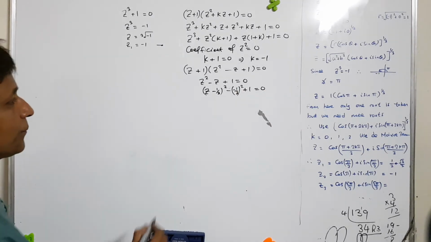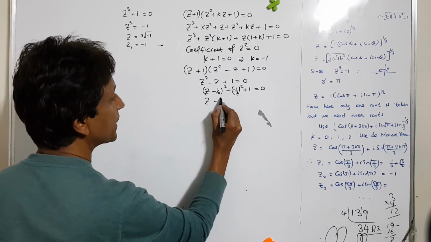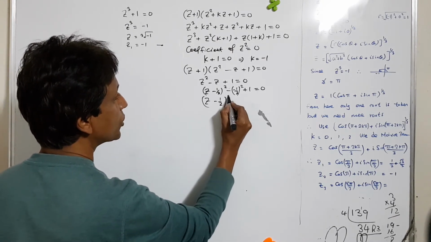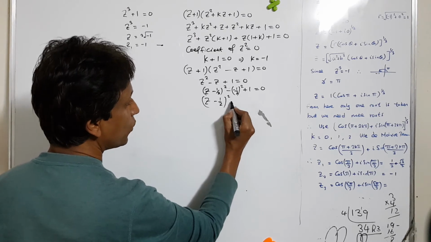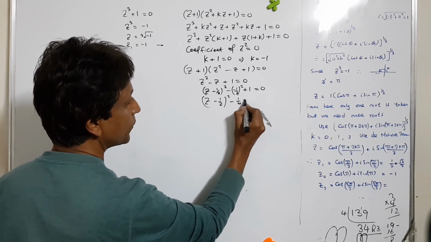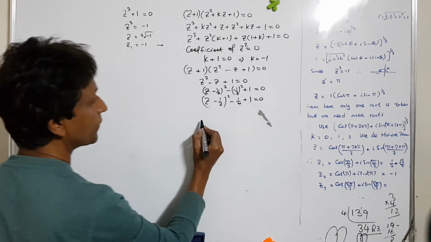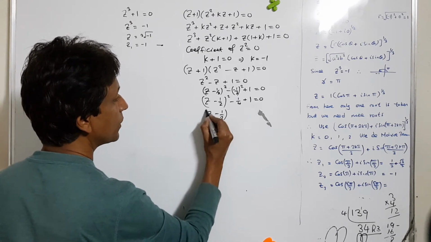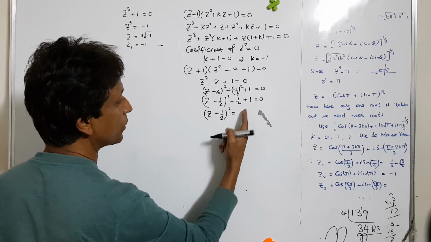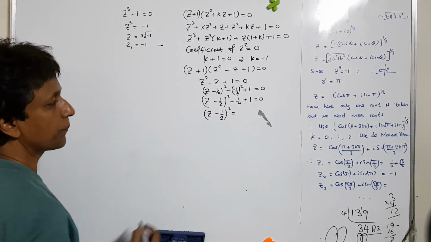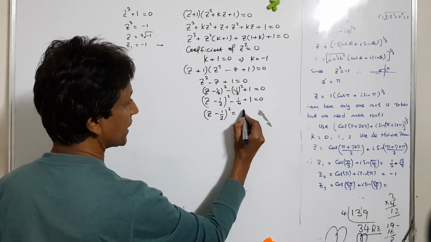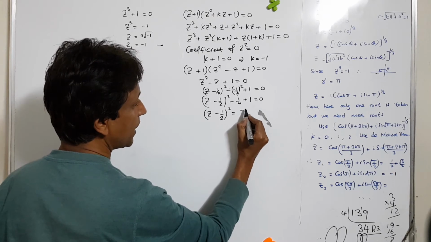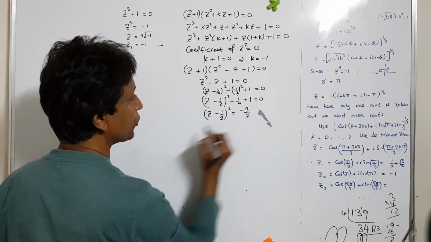So now from here, I've got z minus half, all squared, here's 1/4, plus 1 is equal to 0. Further, z minus 1 over 2 squared is equal to 1 minus 1/4, which is 3/4. The 3/4 can go on the other side, becomes minus 3 over 4.